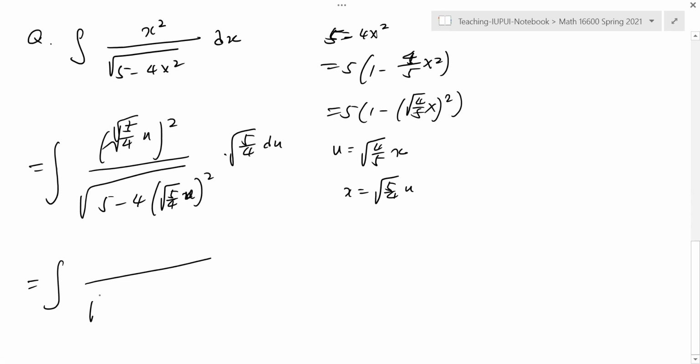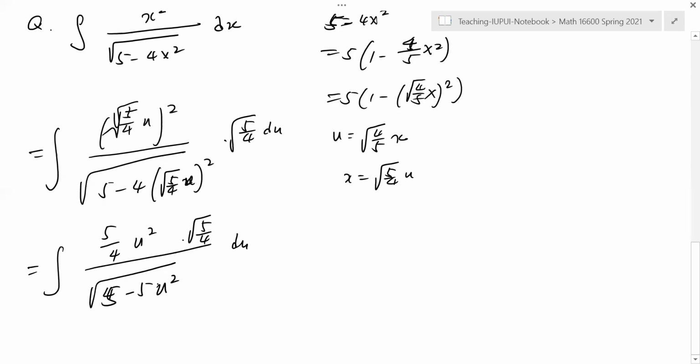Well, this is a 4. Right? When you square it, it's this 5 u squared, and this is given 4 over 5 u squared, and this is square root of 5 over 4 du.